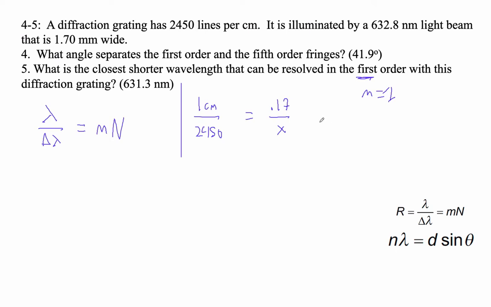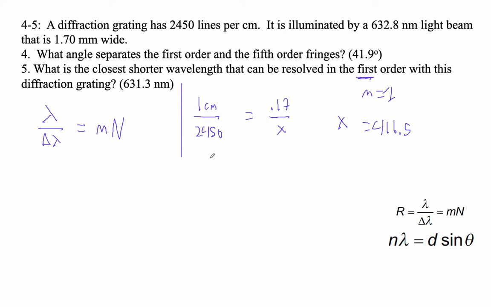We could do a proportion like that. I get 0.17 times 2,450 divided by 1, which is 416.5. Now, what does that mean? How can you have half a thing illuminated? But I'm not going to mess with that. So that's one way to do it.